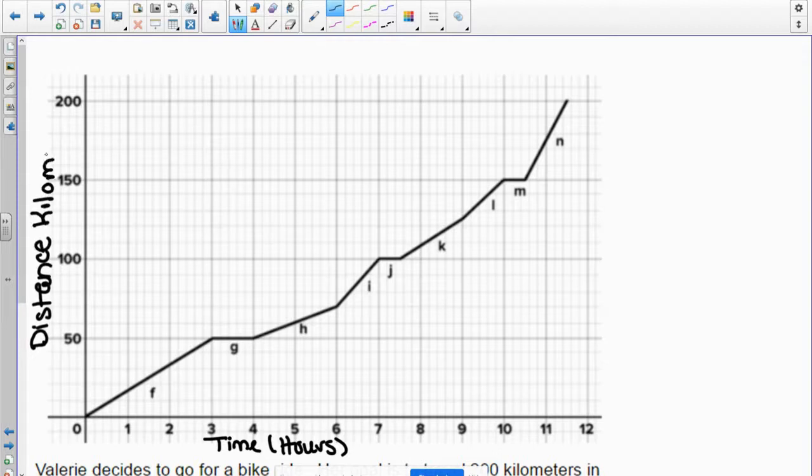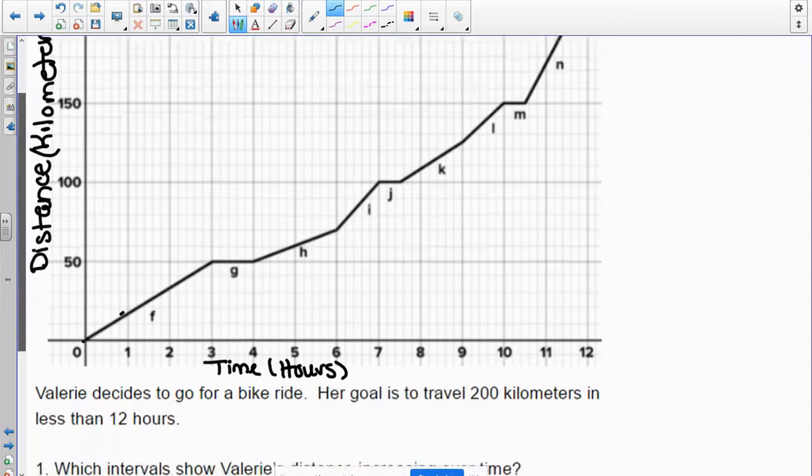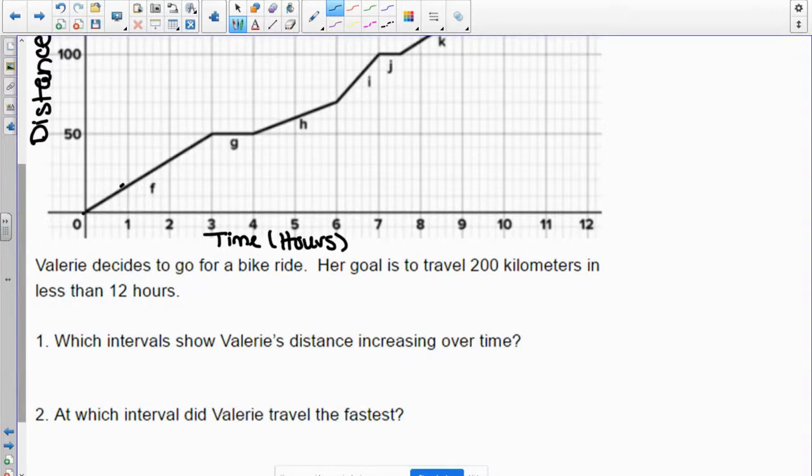If you notice this whole graph, she is going away from her original starting point, and sometimes she's going a lot faster and sometimes she's resting. The steeper the line, the greater the speed.